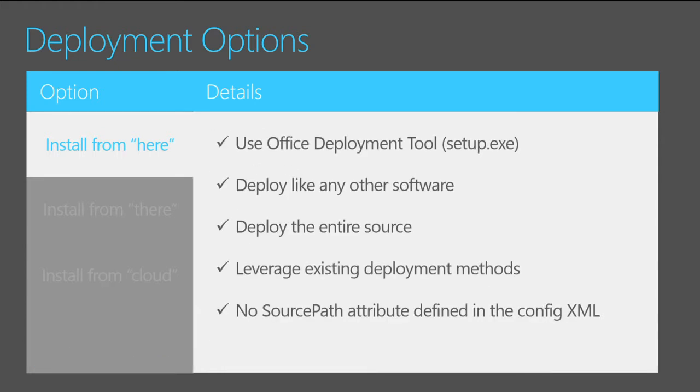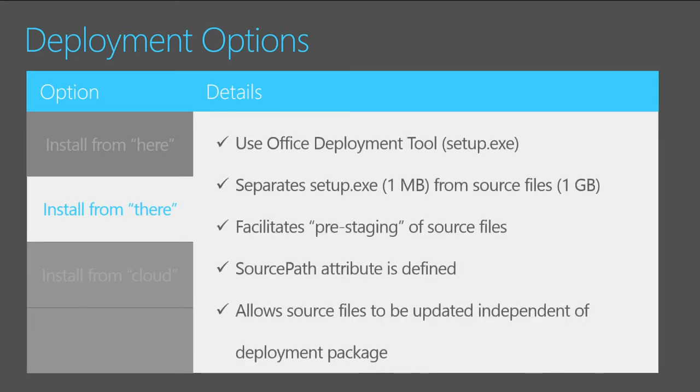So again, we want to be able to deploy onto the desktop by hosting all the source and the tool directly on the desktop and executing from there. If we're going to do it from there, we're going to separate that little setup.exe from the actual source bits. Source bits are going to be available directly on your share.